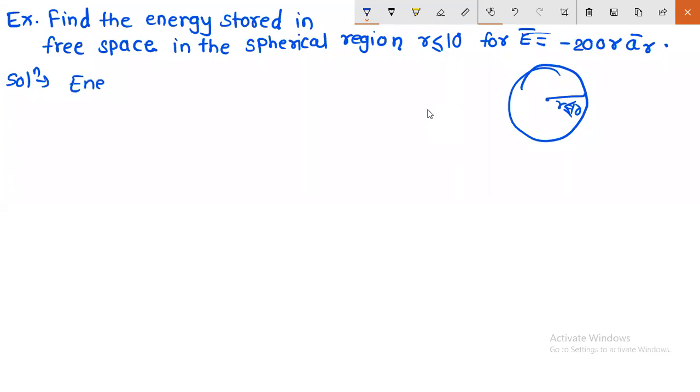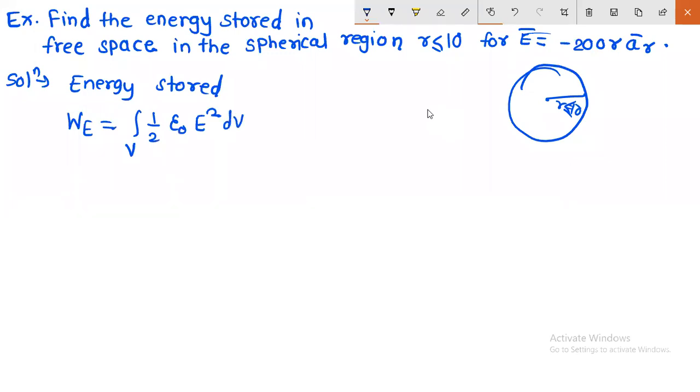We have just seen W_E is equal to volume integral of 1 upon 2 epsilon 0 E square into dV.